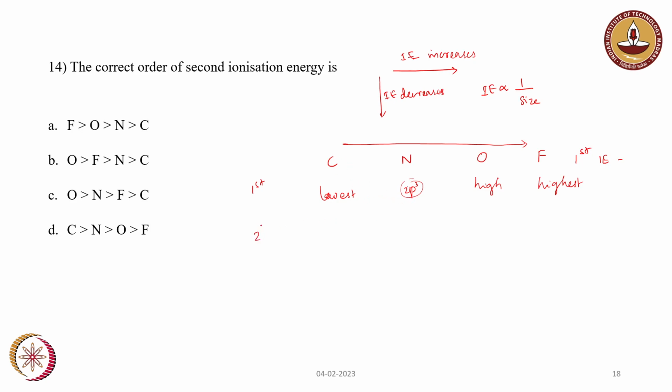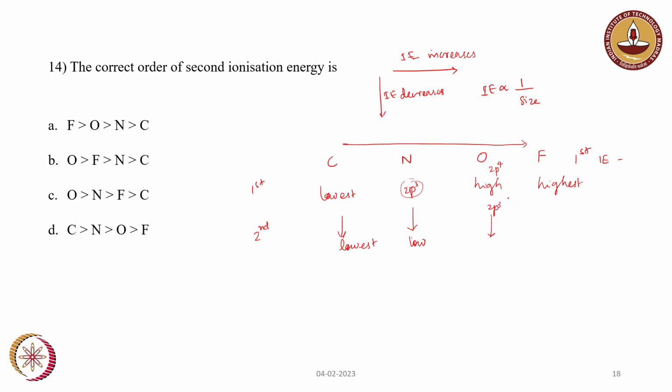And when we move to second ionization energy, carbon will be the lowest, and for nitrogen it will be low. But here first it was 2p4, and after the first ionization energy it will become 2p3, which is half filled and stable.